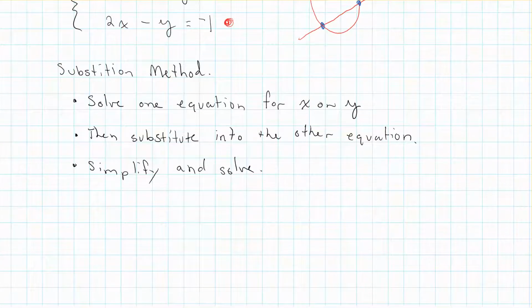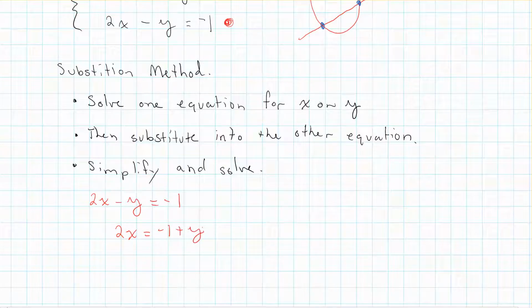I have my equation 2x minus y equals negative 1. Then I'd add y to both sides. So you have 2x is equal to negative 1 plus y. And of course, adding 1 to both sides, you'd have 2x plus 1 is equal to y. So I've solved that bottom equation for y.